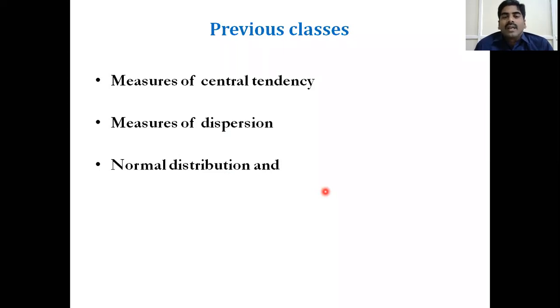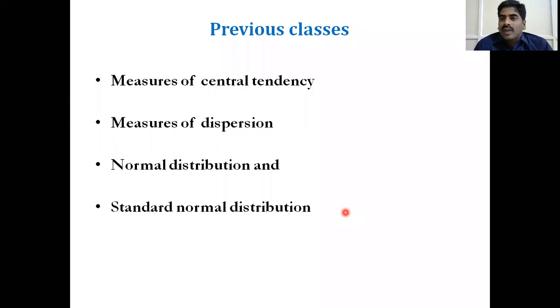Next, finally, standard normal distribution. What is the use of standard normal distribution? We can find three fixed areas in normal distribution, that is 68%, 95% and 99% of area covered by mean plus or minus 1, 2 and 3 standard deviation limits.